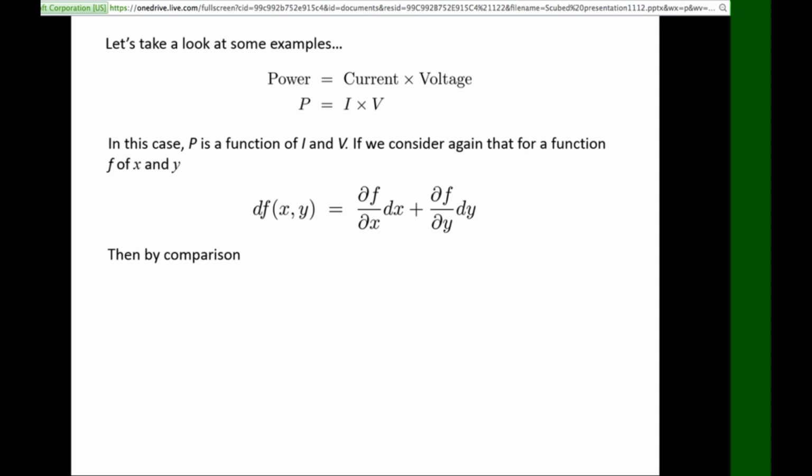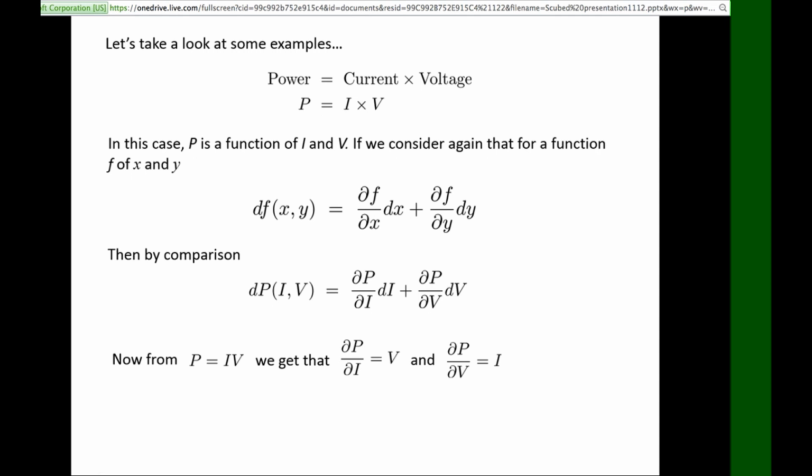So similarly, the total change in P will be given by the change of P with respect to a change in I, plus the change of P with respect to a change in V. I is the current and V is the voltage.